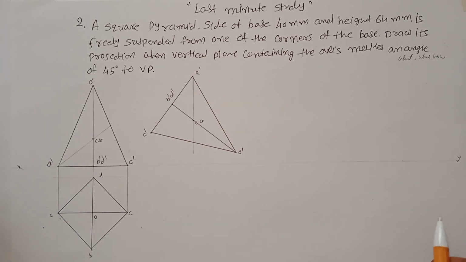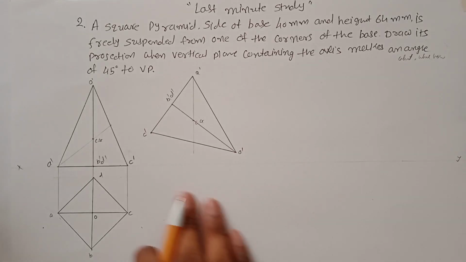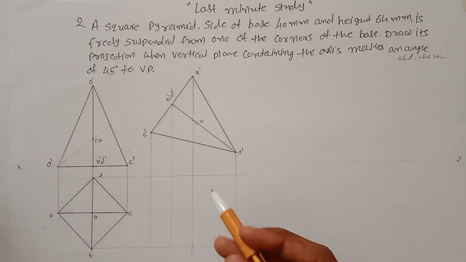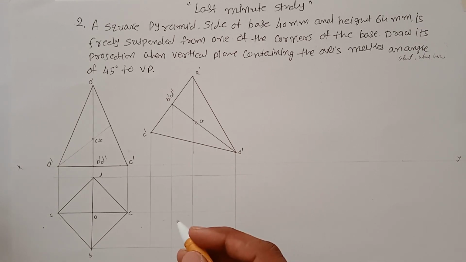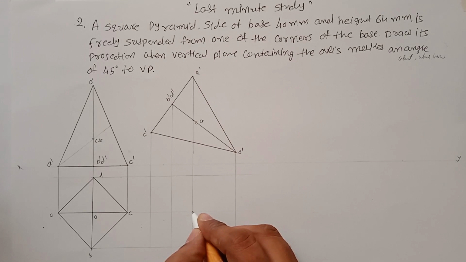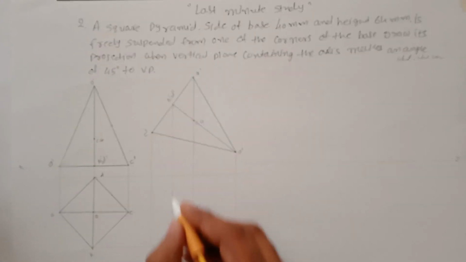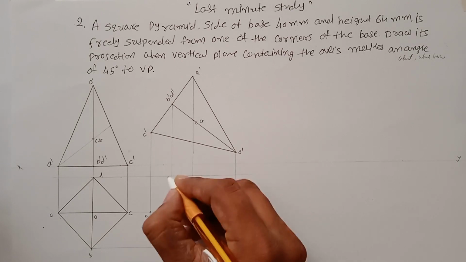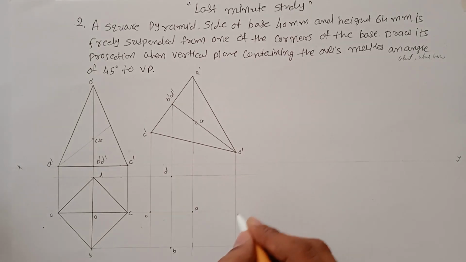Now if you want to draw the top view, then draw the projections and find out the intersecting points. A dash is over here, so this point is A, B, C and D, and this point is O point.